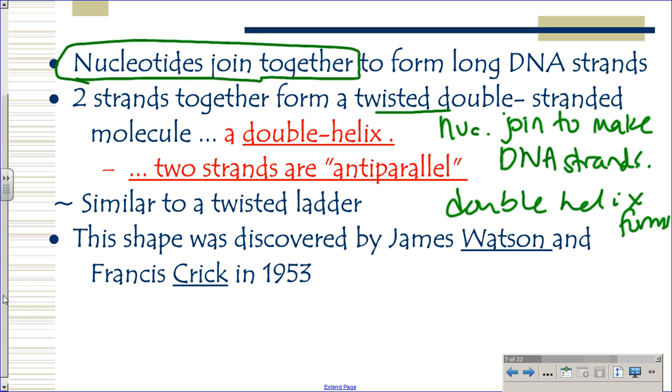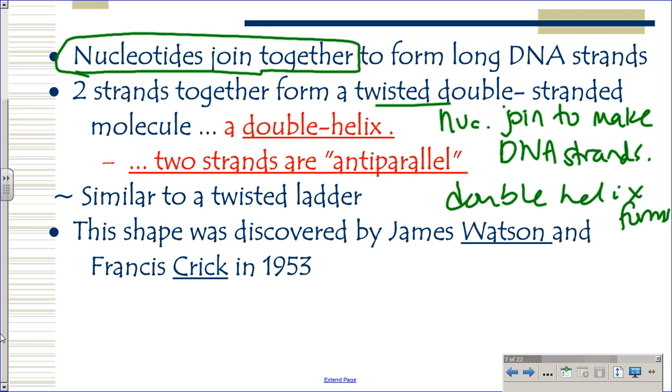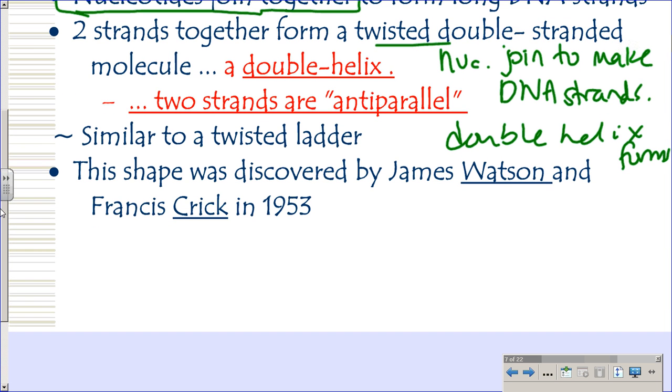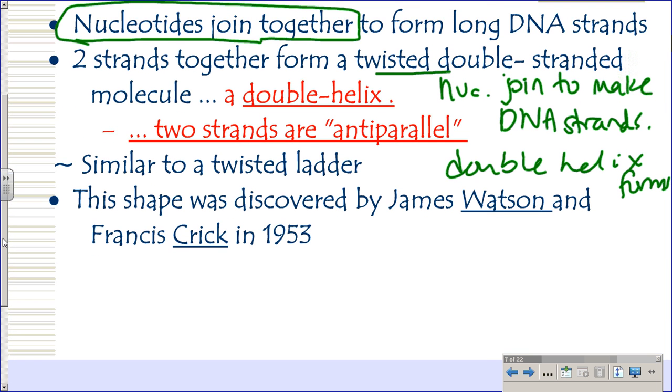How would you draw a double helix? 2 twisty lines. So like a twisted ladder, something like that. Draw it with me if you want. Draw kind of an S shape, and then you do opposite on this side. And then what are you gonna draw in the middle? Bars.